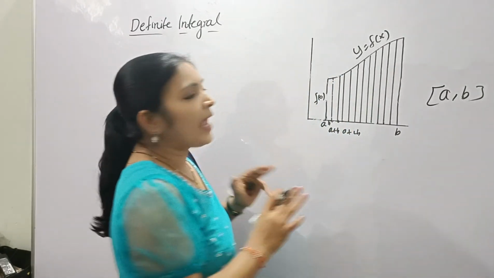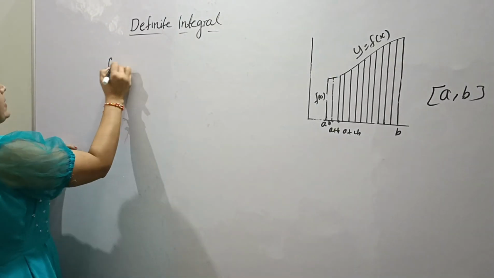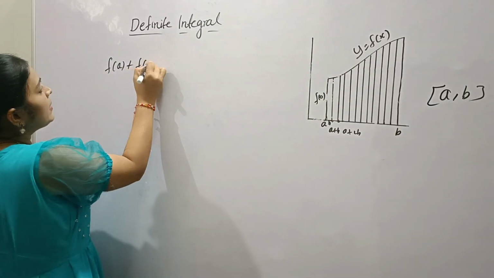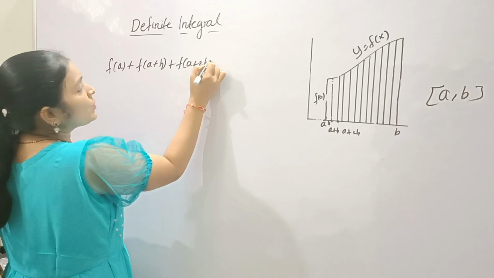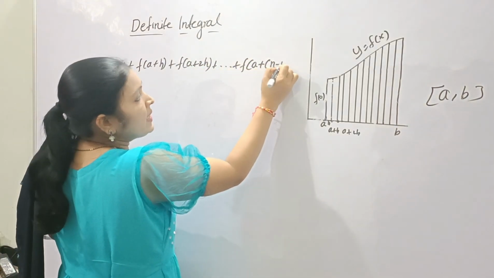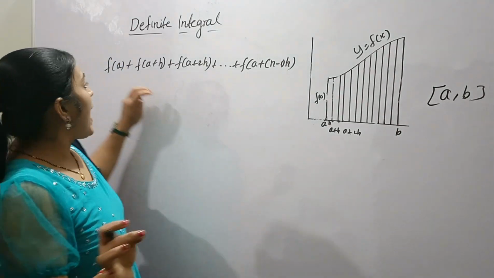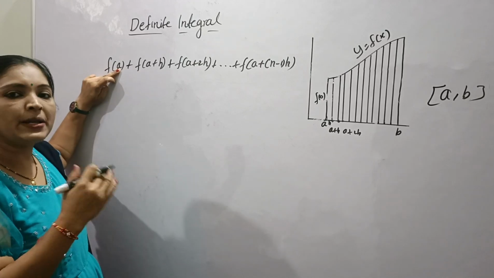So here we can write the average value of the function: f of a plus f of a plus h plus f of a plus 2h plus and so on, up to f of a plus (n minus 1) times h, because there are n subintervals and we start from 0, that is a plus 0h.